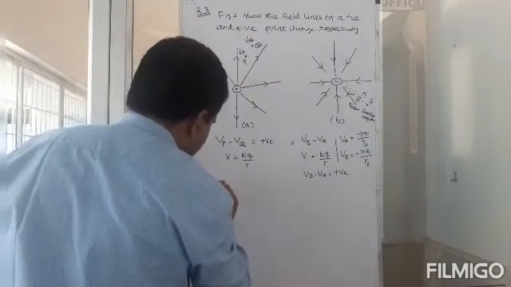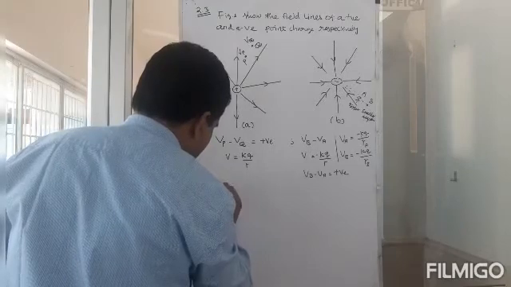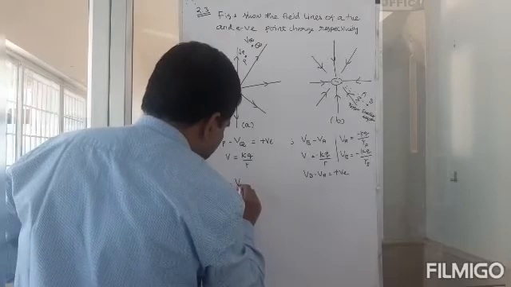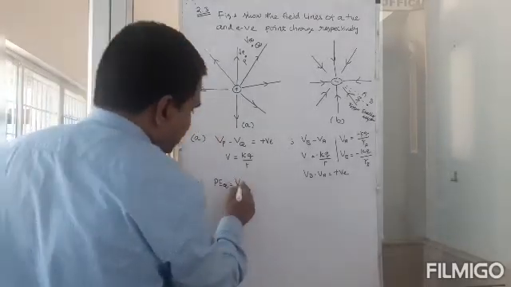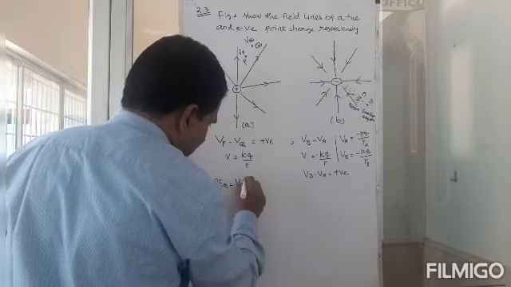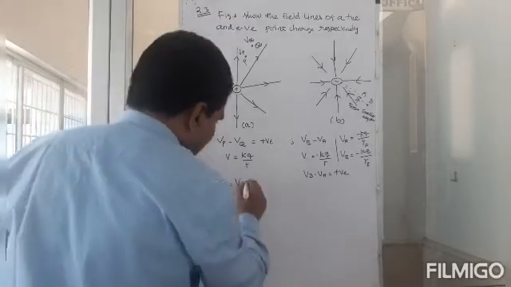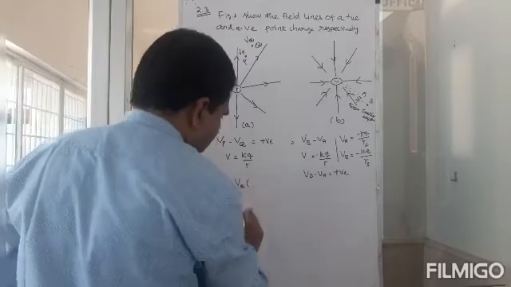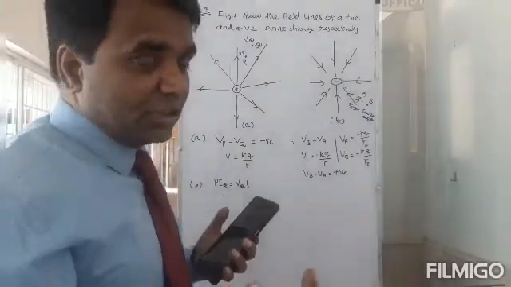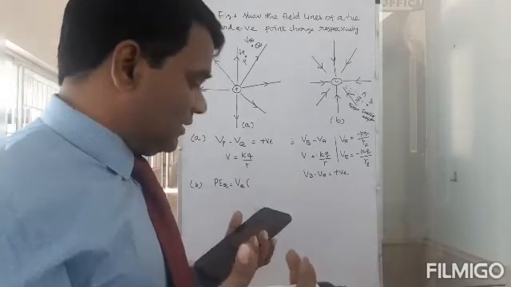So what is potential energy at Q? Potential energy at Q is equal to potential at Q multiplied by the charge. The charge is a negative charge, right? A small negative charge.